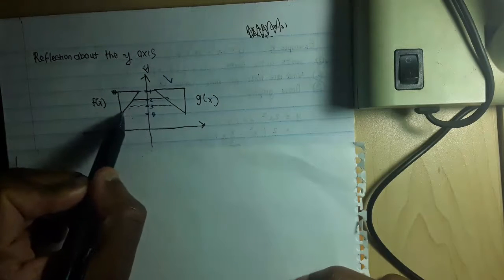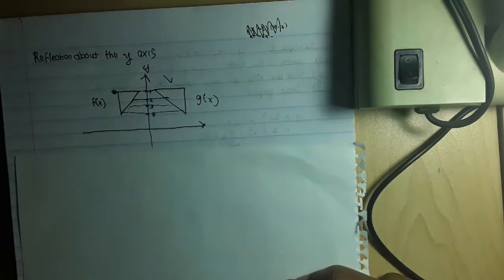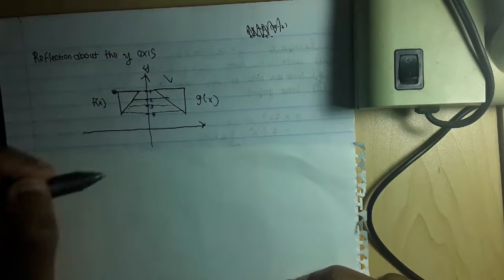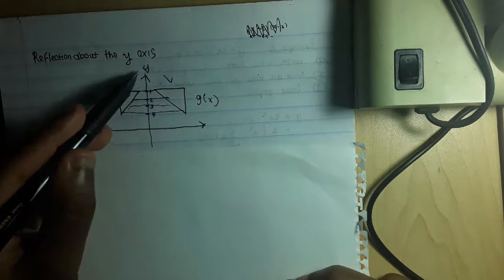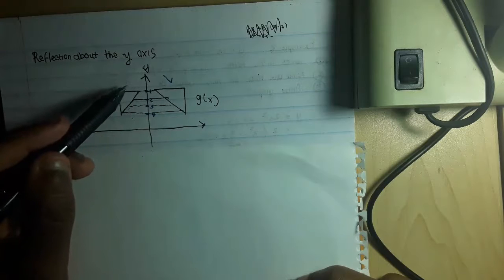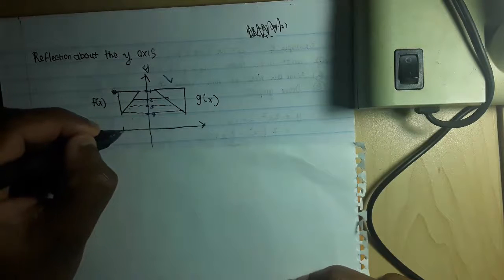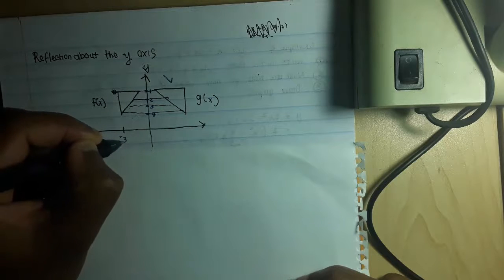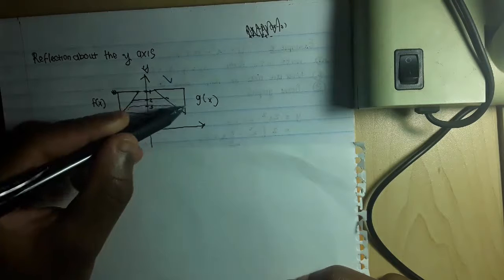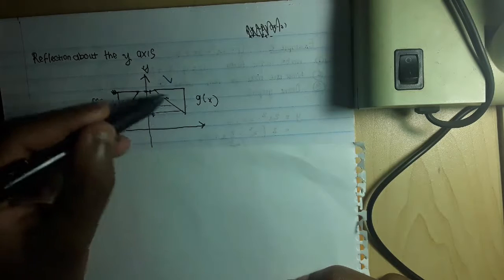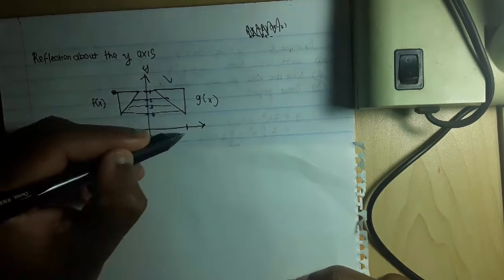They do not change. However, now let's look at the effect of reflecting a graph about the y-axis on the x values. Let's say we had a value of -3 here, reflected about the y-axis, then we would have a value of 3.